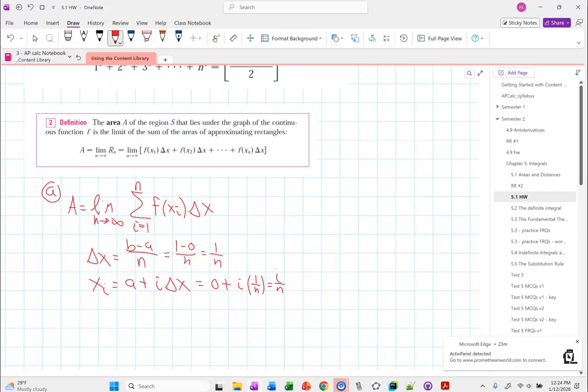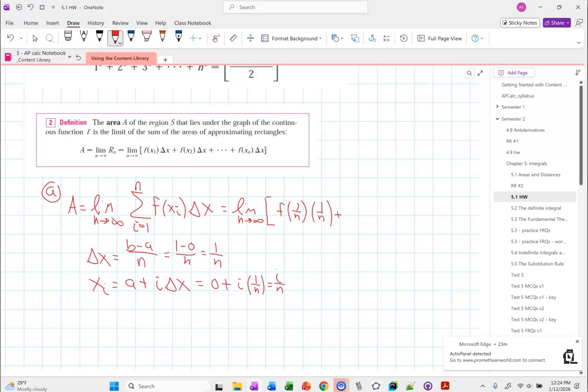So far, so good? Okay. So the limit as n goes to infinity. Now I'm going to start writing this out. So I'm going to have f of, when i is 1, 1 over n, and my delta x is 1 over n.